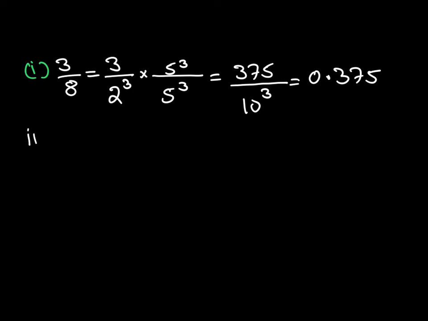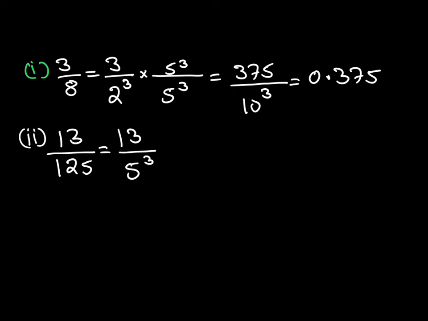Let's take another example. Let's take 13 over 125. First, let's express this in terms of prime factors. 13 over 125 can be written as 13 over 5 to the power 3. Since the denominator is a power of 5, definitely this will have a terminating decimal expansion.